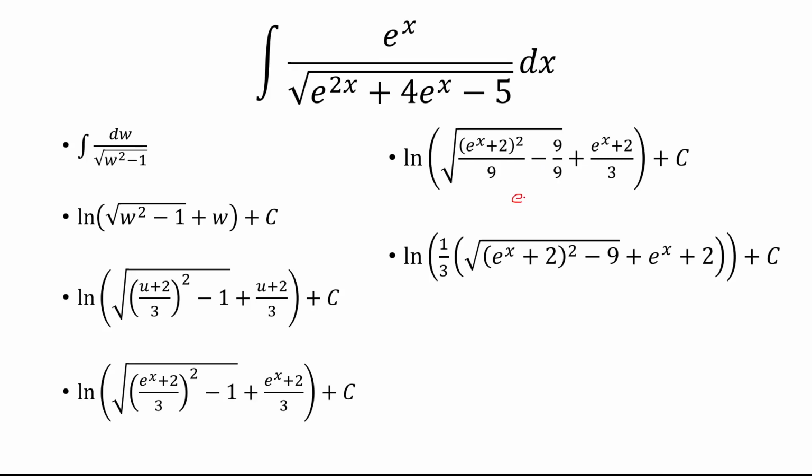So we would have e to the x plus 2 quantity squared minus 9, and then that's going to be all over 9, which I could just factor as 1/9 here. And this is all in the square root. So when it comes outside the square root, it becomes 1/3. And for this one, I factor out a 1/3 as well. So this 1/3 also comes out.